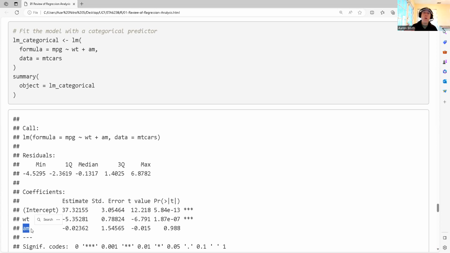And then it's going to look at a shift. It's going to shift the values by a certain amount for the cases where the automatic transmission column is equal to 1, where it's automatic transmission. So we can see that it decreases by 0.2 right there.